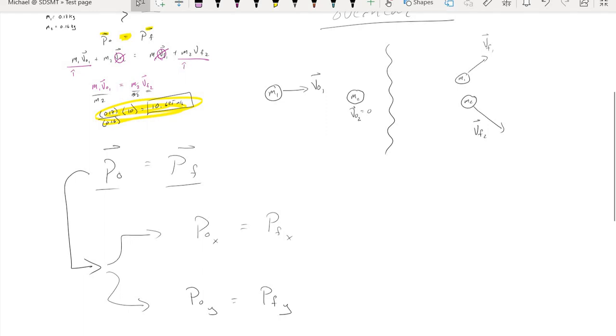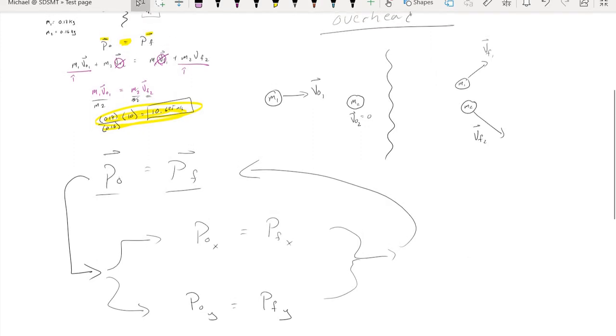But we can take care of this conservation of momentum by addressing each axis individually. We can then put those back together to get the final momentum of the system.